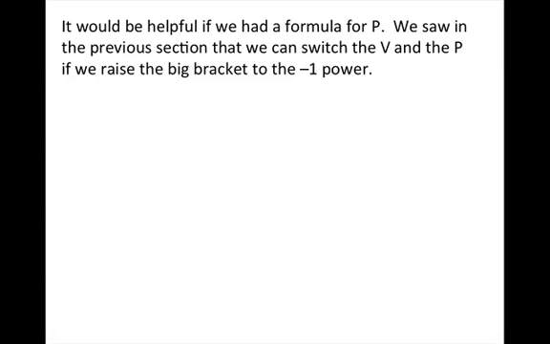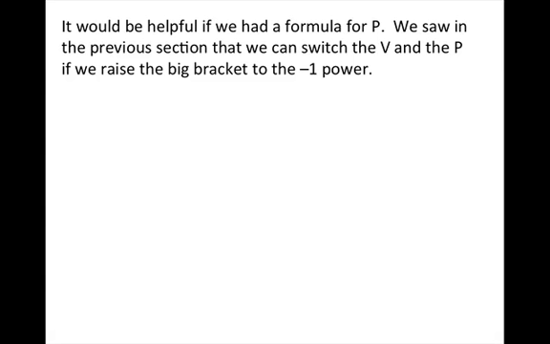So just like in the previous lessons, it would be helpful to have a formula that had P equals, where I wouldn't have to divide by that parenthesis each time. And as we saw in the previous lessons, we can switch the V and the P as long as we raise that big bracket, that big parenthesis that's being multiplied by P, to the negative 1 power.